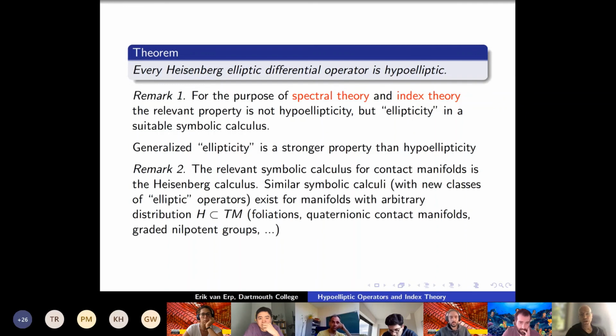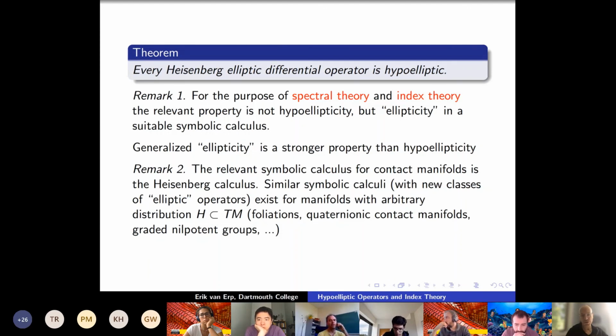And the second remark, because of some of the questions, I already touched on this. The calculus for contact manifolds is the one I just discussed using the Heisenberg group. But as was already asked earlier, you can use other nilpotent groups as long as they have a dilation, they're graded. And this models not just the groups, but also manifolds that are modeled by such groups.